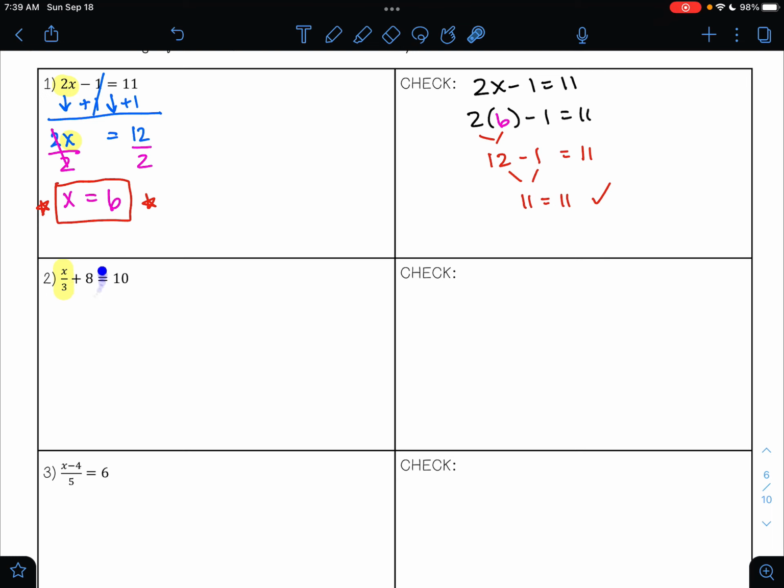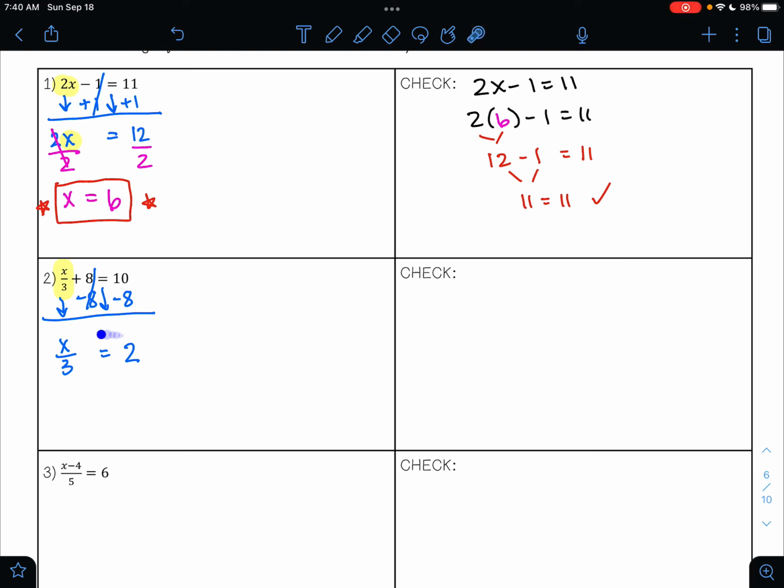We are adding. How do we undo addition? Subtraction. So I'm going to begin by subtracting 8 from both sides of my equal sign. So I'm going to bring down x divided by 3. 8 minus 8 is 0. I'm going to bring down my equal sign. What's 10 minus 8? 2.